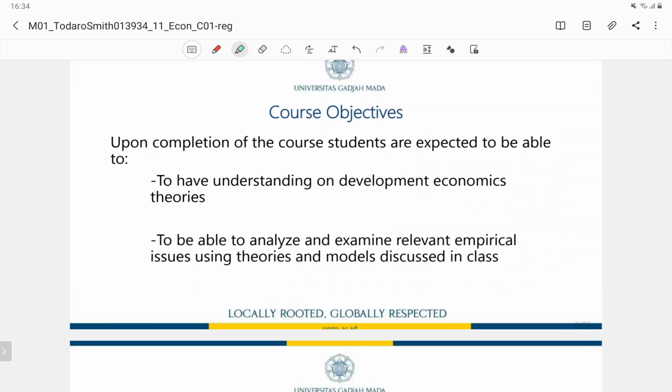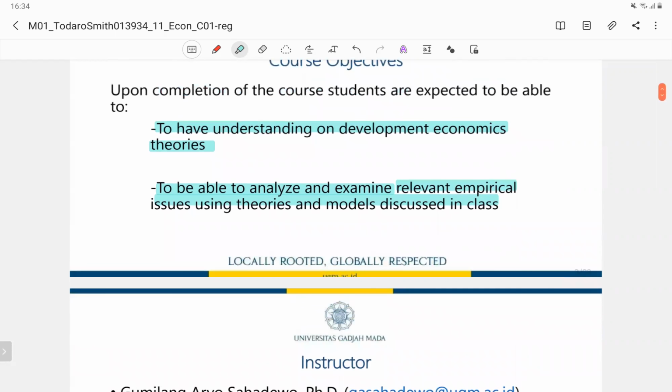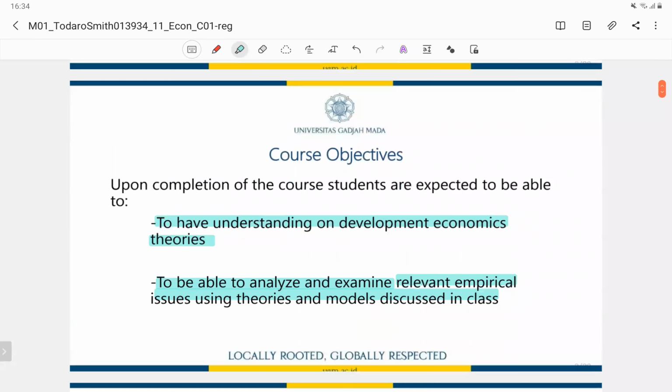The first one is, after you complete this course, you are expected to have an understanding of development economics theories. The second one is to be able to analyze and examine relevant empirical issues using theories and models discussed in class. Okay, so that's the course objective and course description.